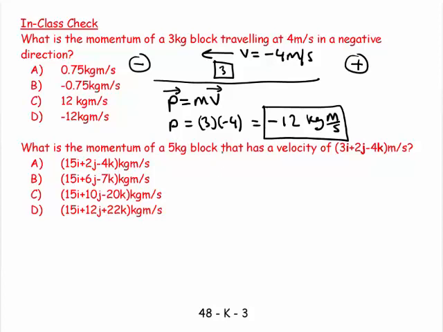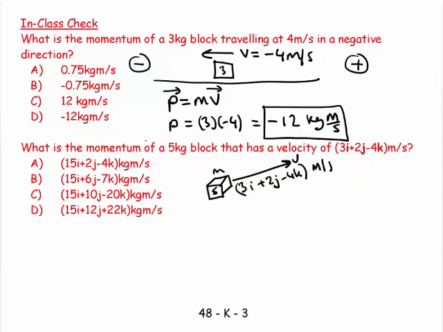Let's talk about it in terms of 3-dimensional stuff. So here's a 5 kilogram block, and it's got some velocity, and the velocity is 3i plus 2j minus 4k meters per second. There's my velocity. Here's my mass.